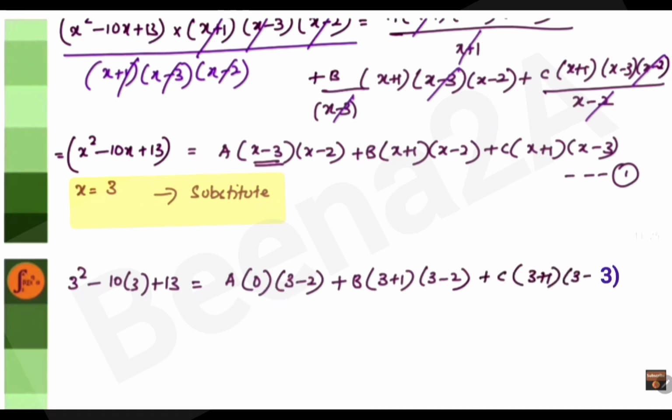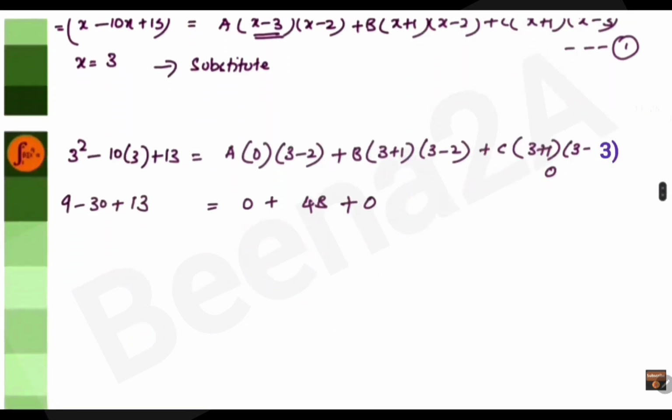Since there is 0 here, this will become 0, plus 4b, and this is 0, this will become 0, right? And here we are going to get 9 minus 30 plus 13, you will get minus 8 is equal to 4b, which means b is equal to minus 8 by 4. So we get b is equal to minus 2.